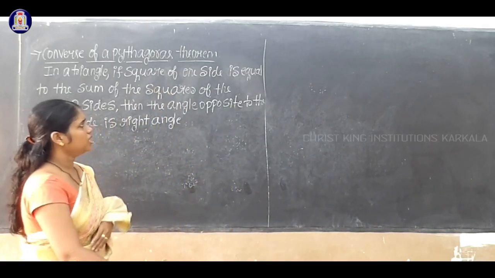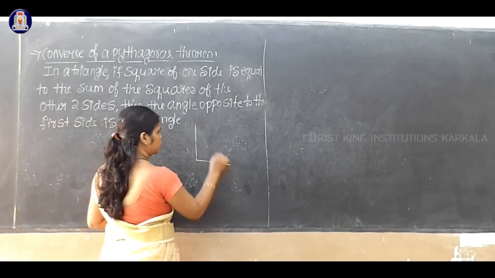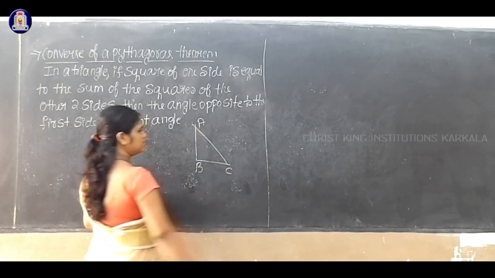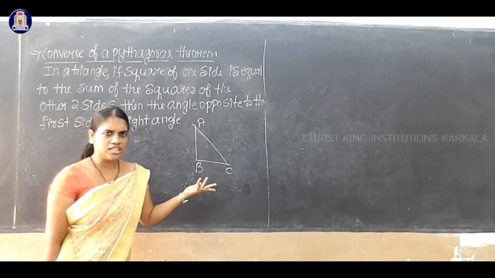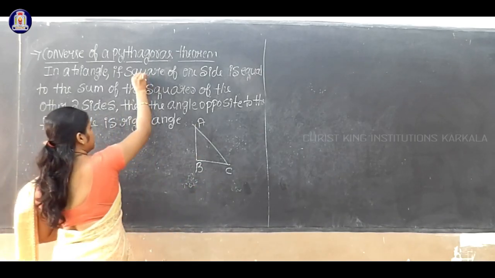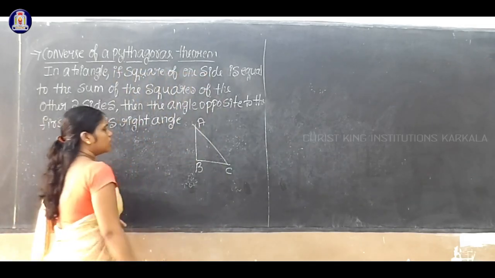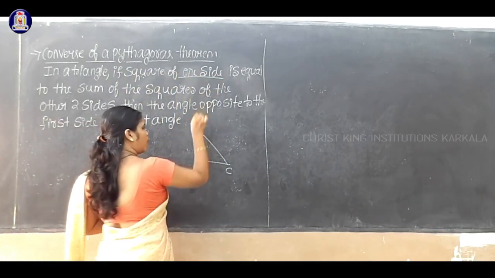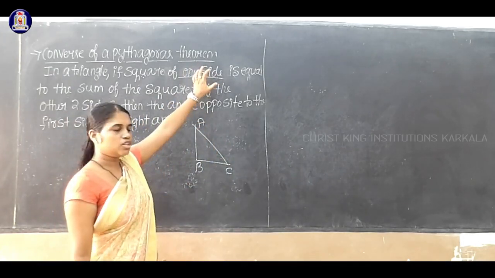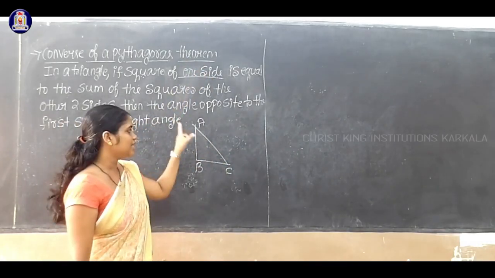Okay. So what is the meaning of this? First, I will consider one triangle. Okay. So this is one triangle. This is A. This is B. This is C. Right? Okay. So I don't know whether it is a right angle triangle or not. Okay. See here, according to this statement, if the square of one side, okay, one side, so that one side I will consider as AC. Okay, one side given. So in this figure, I will consider that one side as AC.